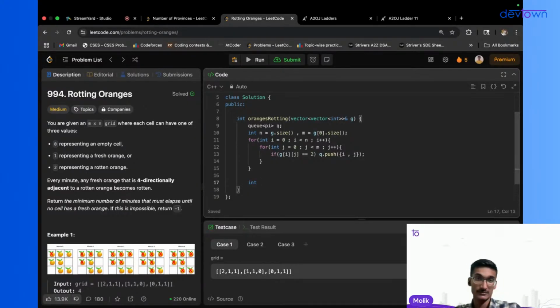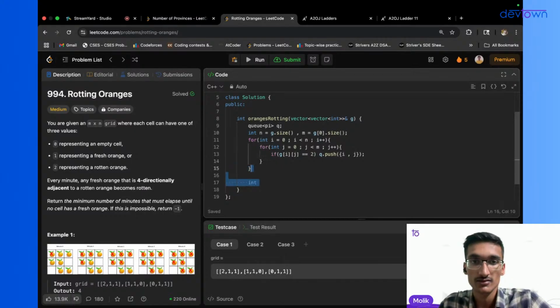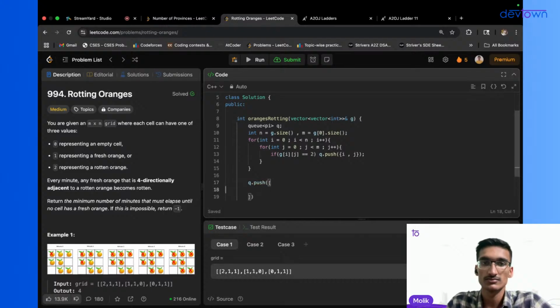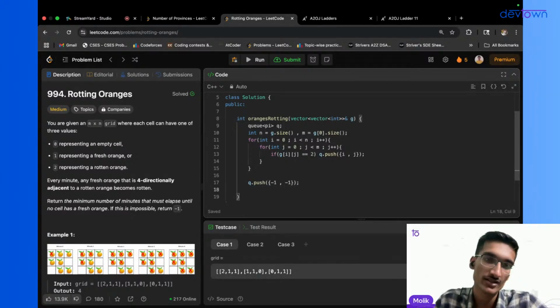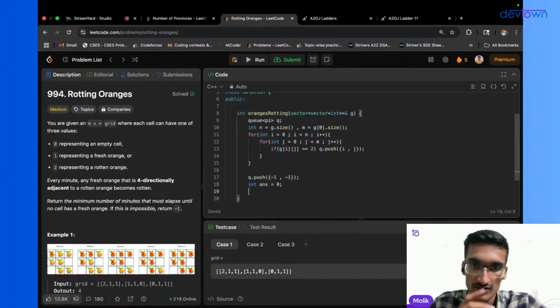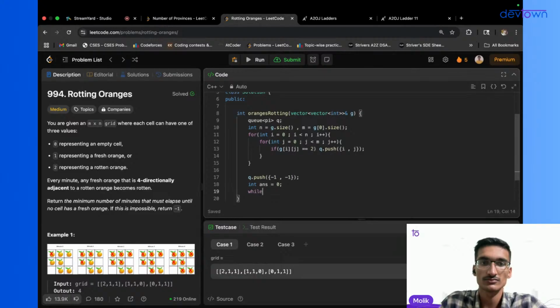Just insert a dummy of -1, -1. It basically tells us that these oranges were infected at this second. So we can increase the time.